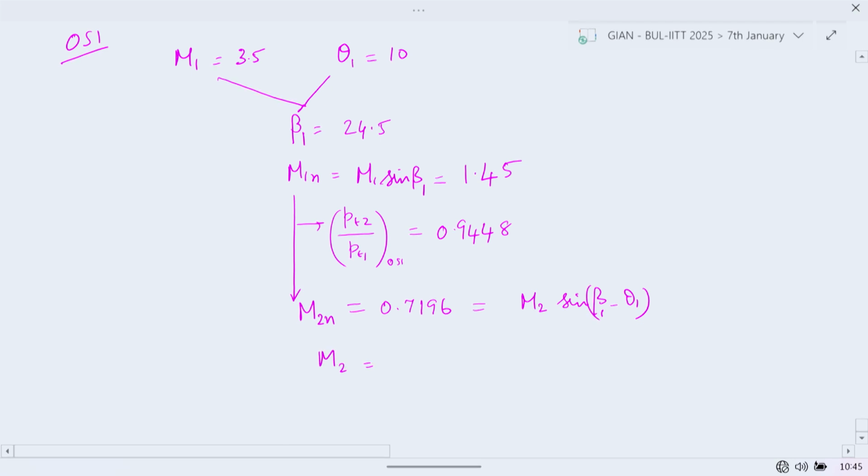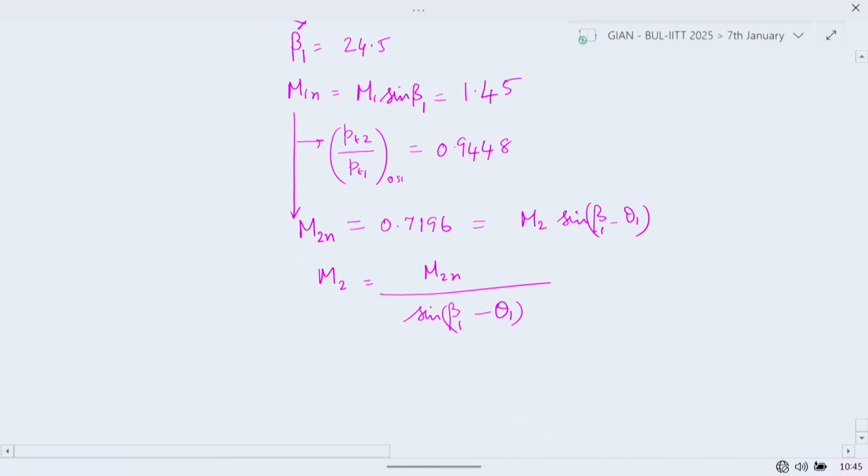So we can find M2 is equal to M2n by sine of beta 1 minus theta 1. What's the value? 2.87.